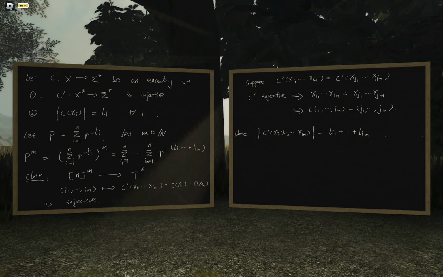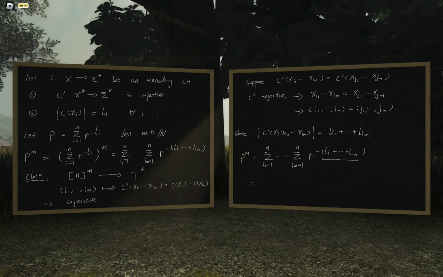Now by changing the way of counting, recall we have this sum over i1 through iM.